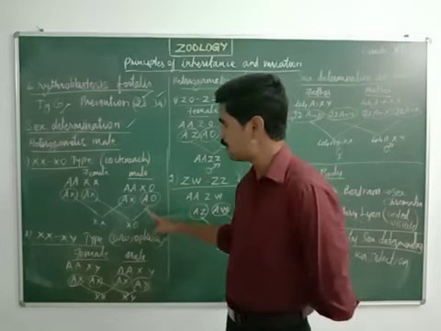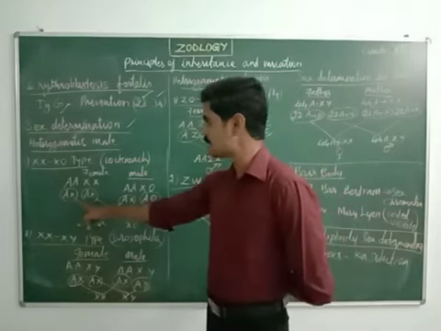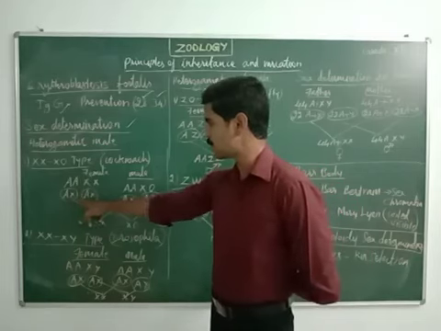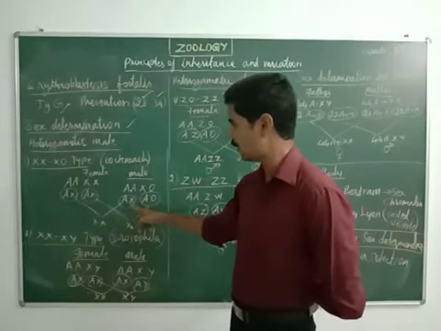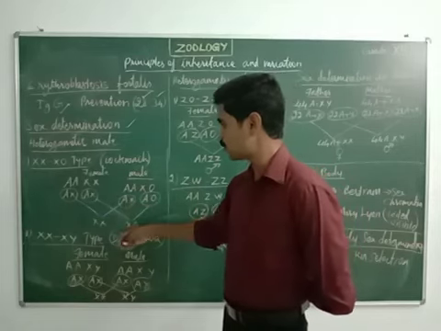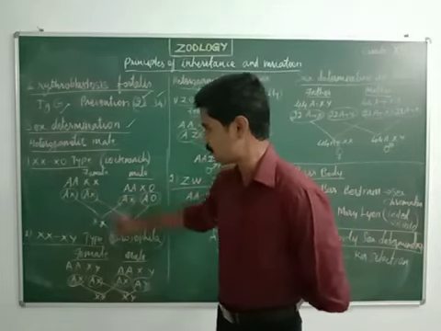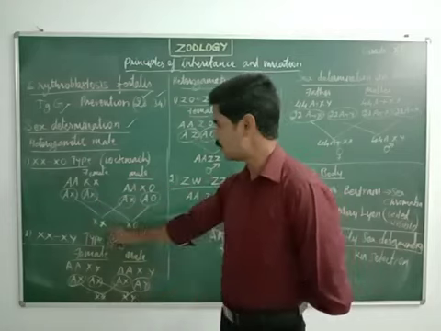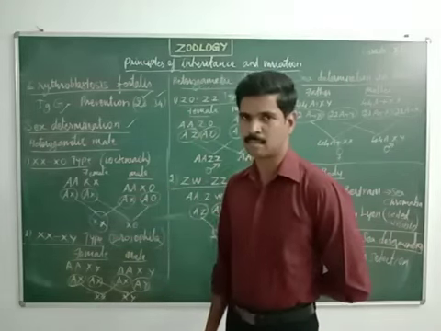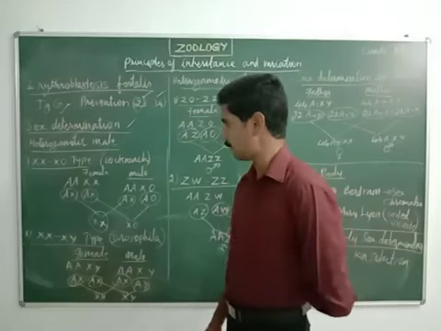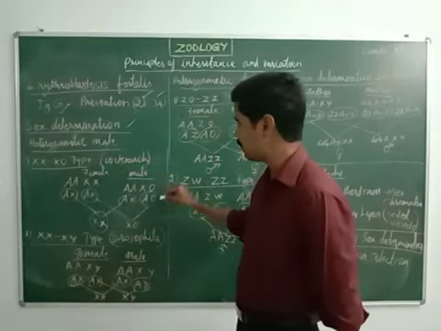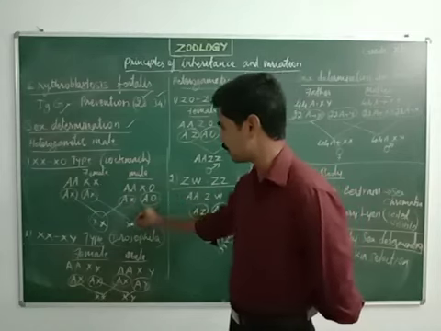When the female gamete carrying the X chromosome fuses with the gamete carrying the X chromosome from the male, it has two X chromosomes, so the progeny is female. Here from the female one X chromosome is coming, and from the male one O chromosome is coming.